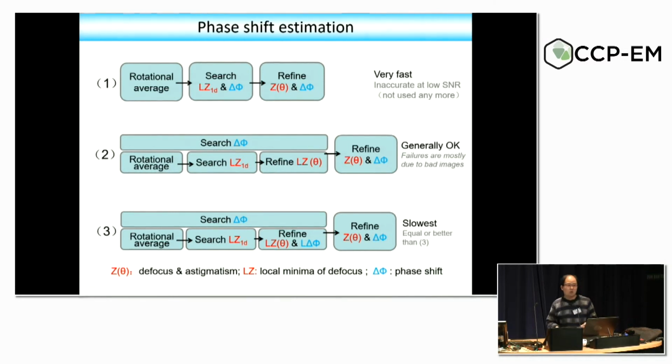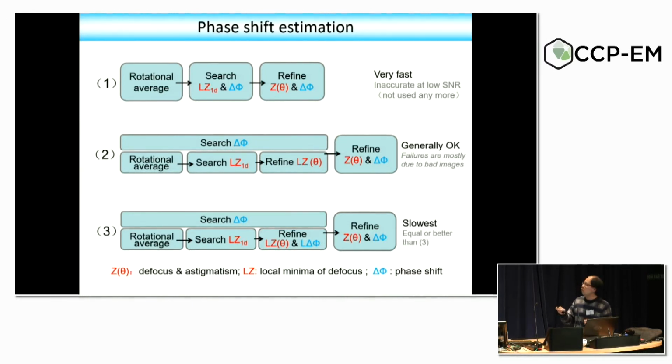It's almost hundreds of times bigger than the original parameter space. So previously, I used a slightly modified approach, just like the normal micrograph, searching both the phase shift and the average defocus in 1D.